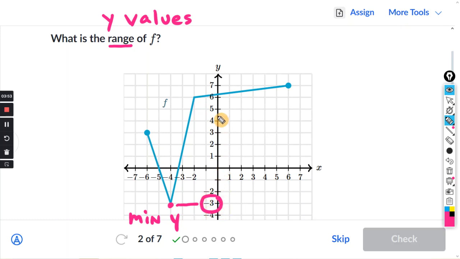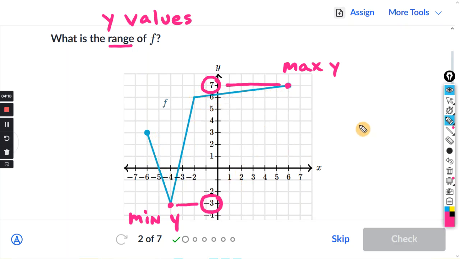And then you want to go to the highest possible y value. That's right here. That is at +7. And the function is continuous. You can see that you can draw this without lifting up your pen. There are no holes in the graph.